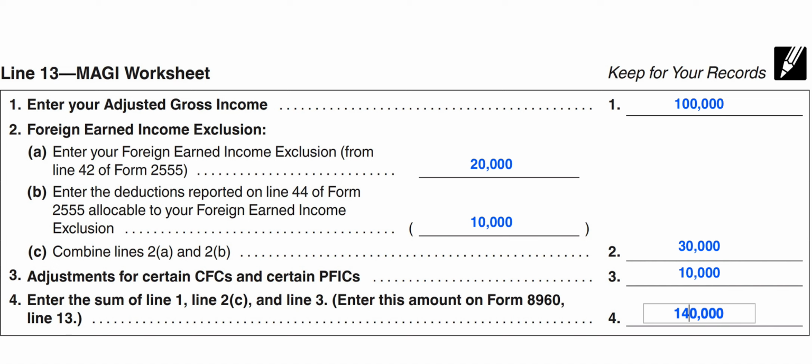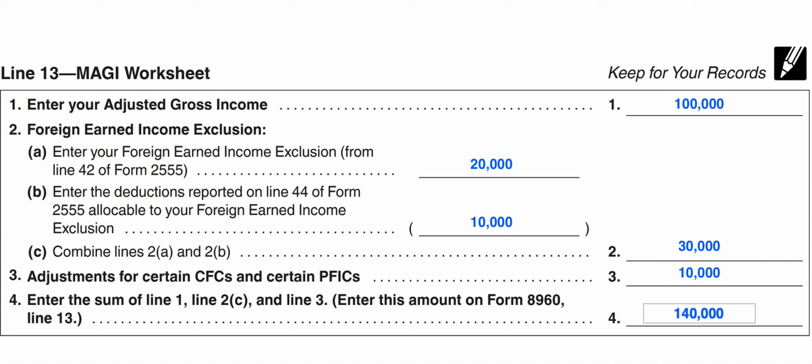So this MAGI worksheet forces the recalculation of those deductions and exclusions, and then additional adjustments based on whether or not you own, either directly or indirectly, stock in a CFC or PFIC.